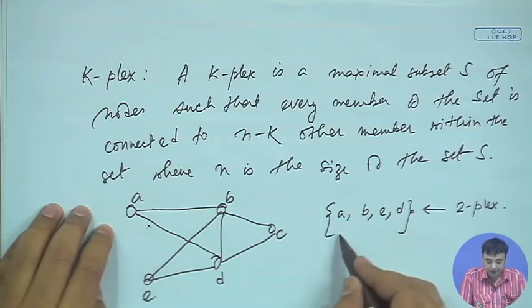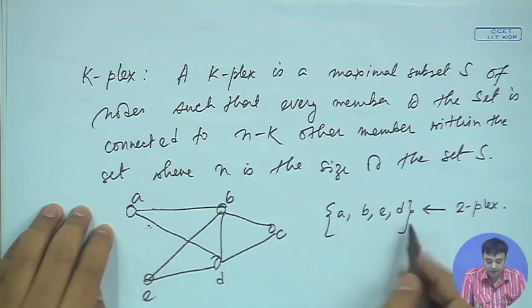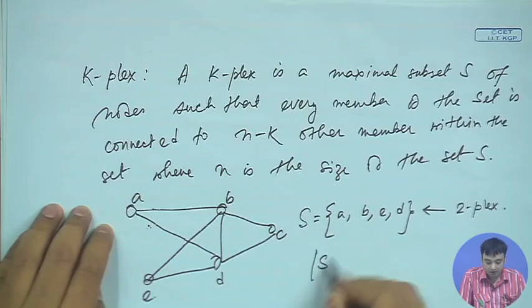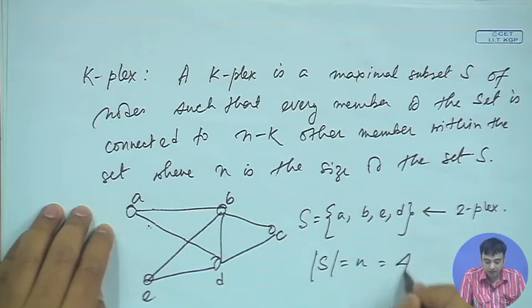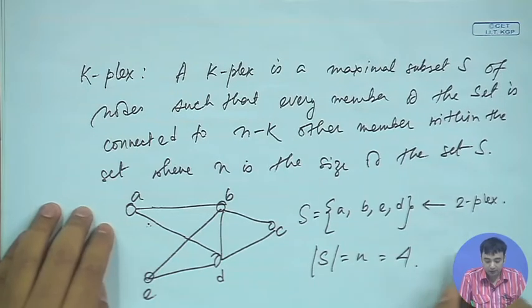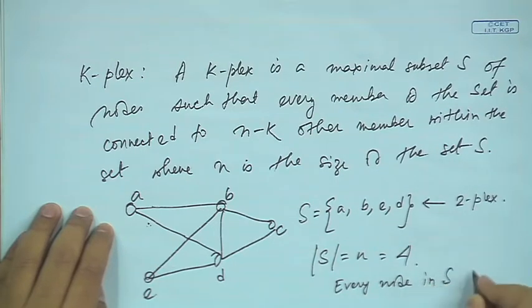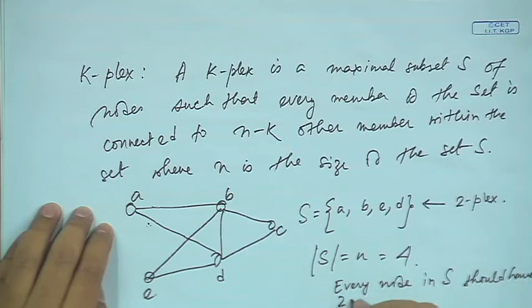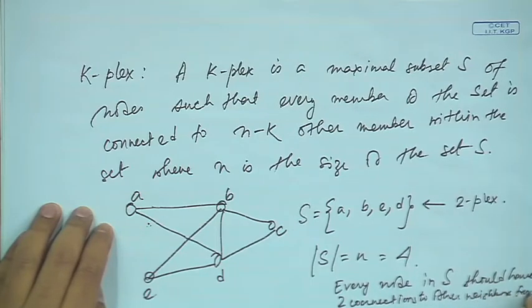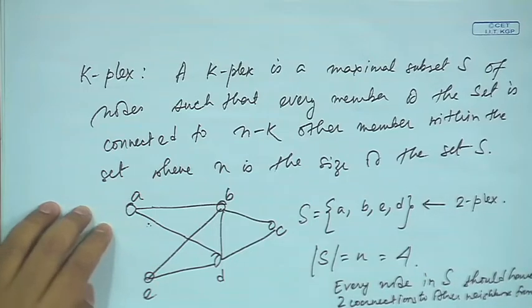The size of this set S, mod S, is equal to n, which is equal to 4. So, that means if you have to have a 2-plex, then every node in S should have 2 connections to other neighbors from S. Now, let us investigate if this is happening.